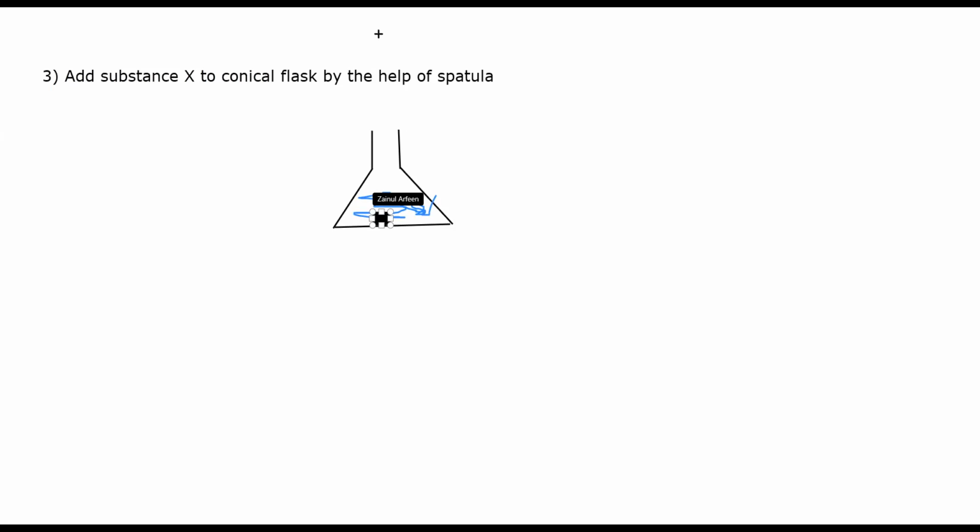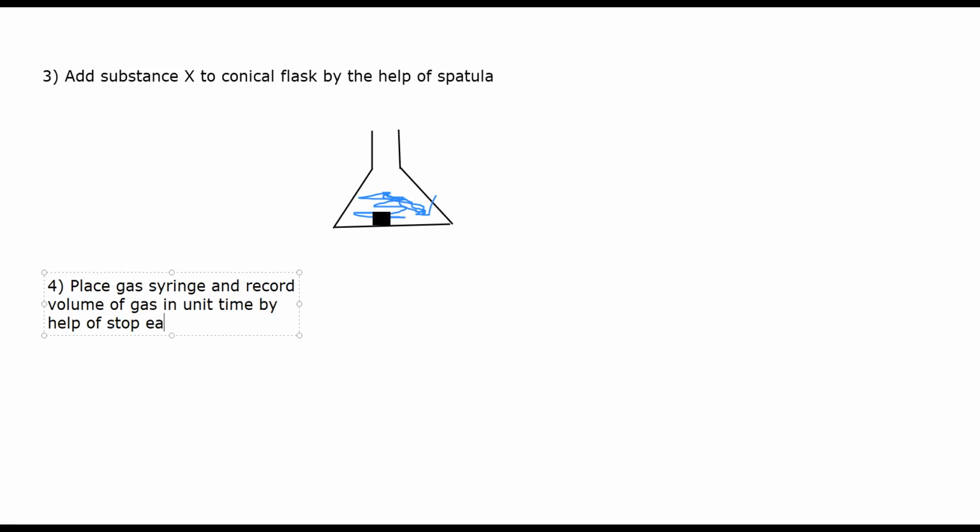So what we can do is place a gas syringe and record the volume of gas in unit time with the help of a stopwatch. The gas syringe is used to record the volume and the stopwatch is for time.